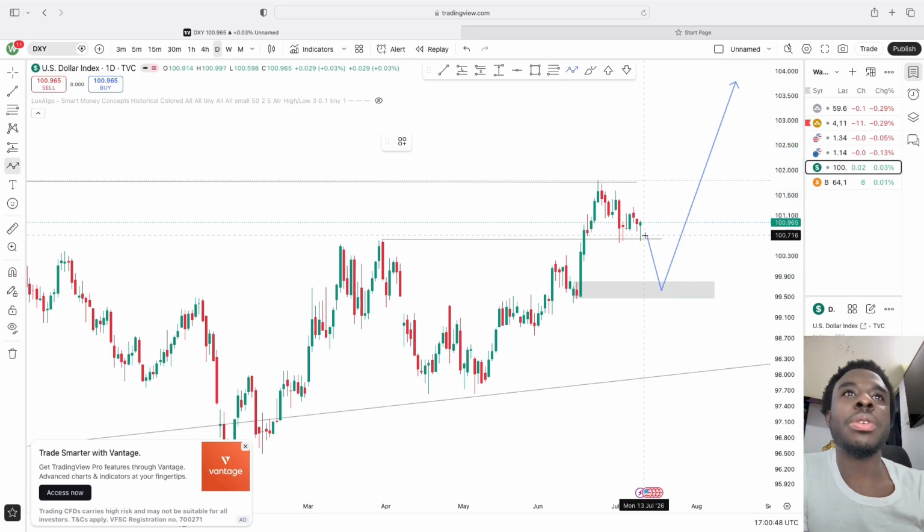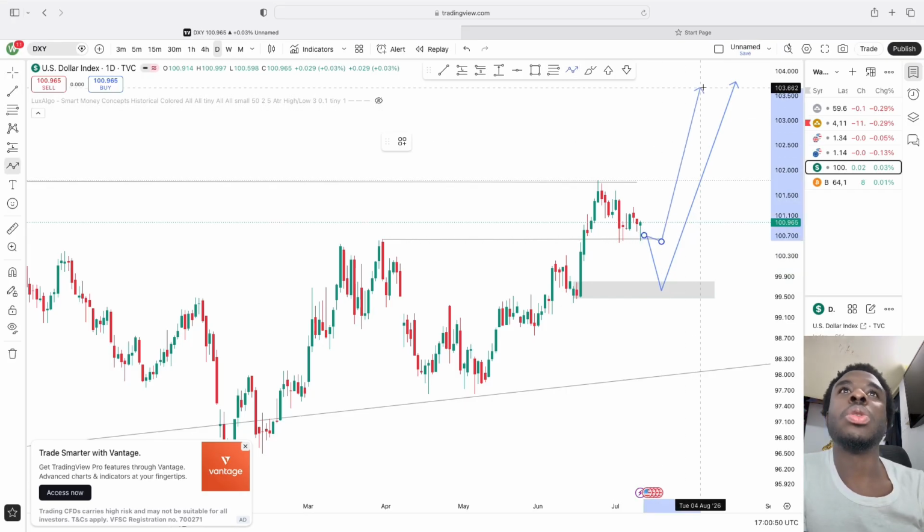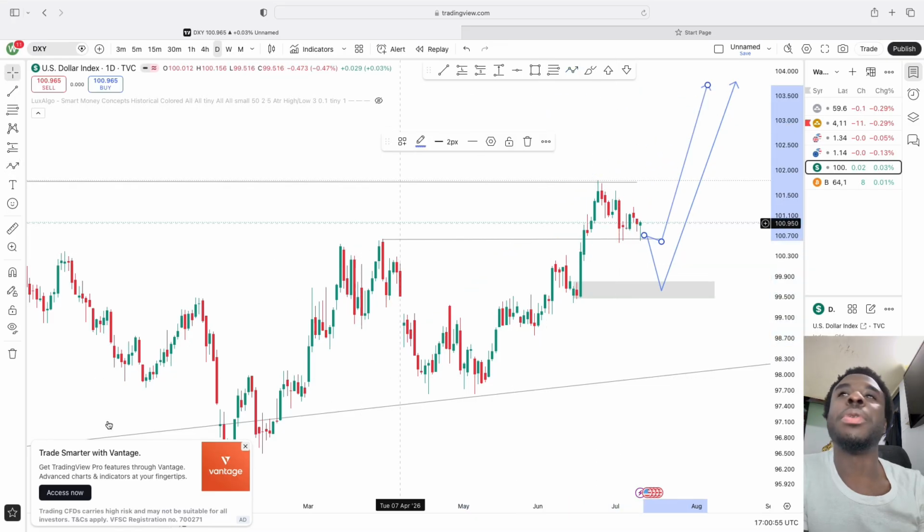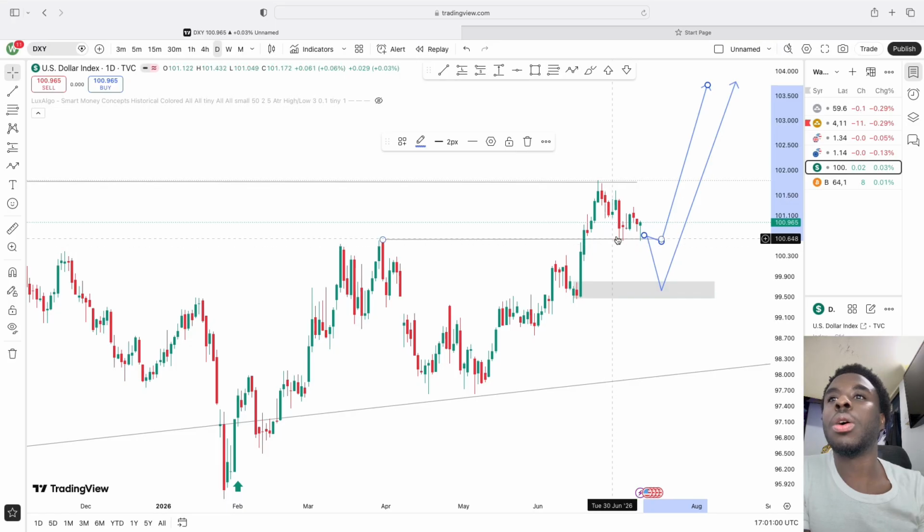But if price doesn't disrespect this zone, it just goes up straight from there, because we've seen a couple of rejections over there, indicating that buyers are still in control on that zone, or that zone is valid, right?